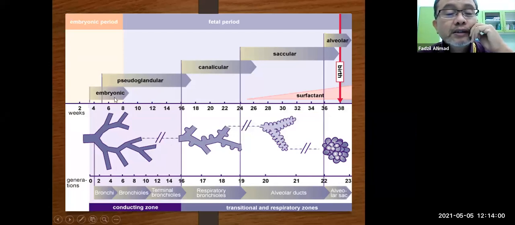Then the bronchi generations: bronchioles, terminal bronchioles, respiratory bronchioles, alveolar ducts, and alveolar sac. So this is the conducting zone and the transitional respiratory zone.